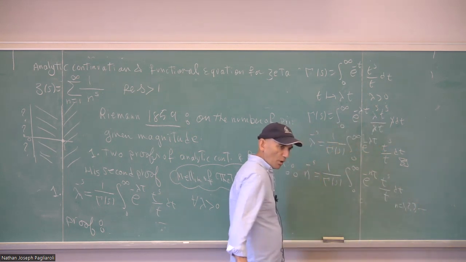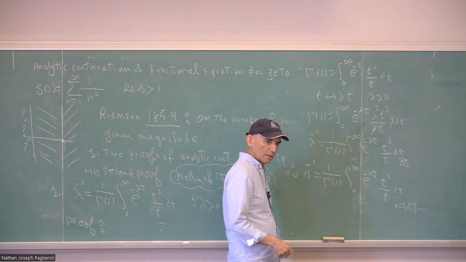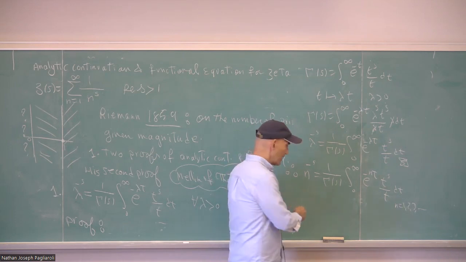And we just add them all for all n. Then I get on the left-hand side zeta of s.